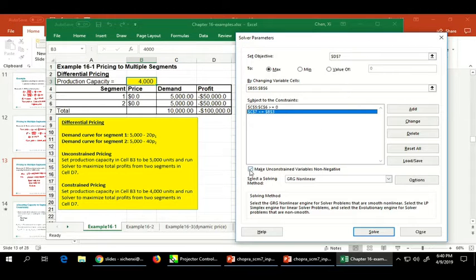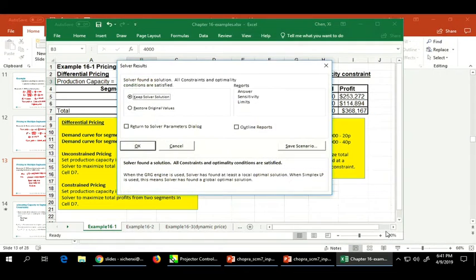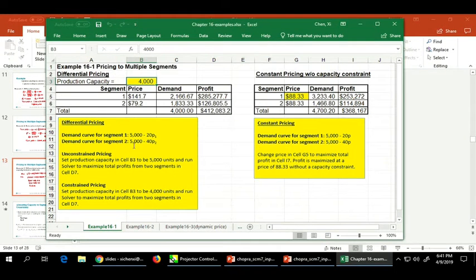And I also check the variables are non-negative, so prices are non-negative. This program is nonlinear, so we're using GRG nonlinear. Solve, and here it gives us the price, and this is the profit.